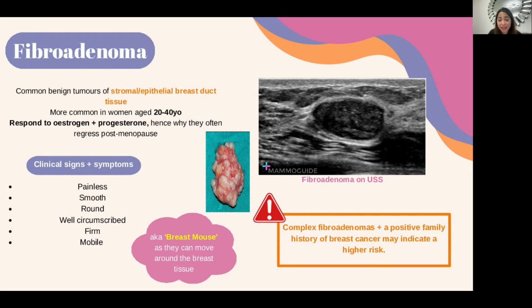So that photo there is what it looks like in real life once it's been excised. As you can see, it looks firm, it's not filled with fluid, and the ultrasound up there is what it looks like on ultrasound.